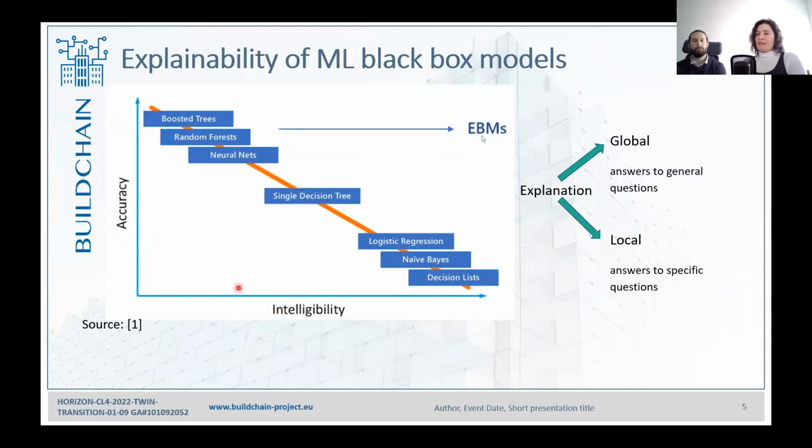The main problems that can appear with machine learning methods are shown in this graph, which is cited from the work of Microsoft Research about explainable boosting machines. What this plot shows is that there are different ways to do machine learning models.